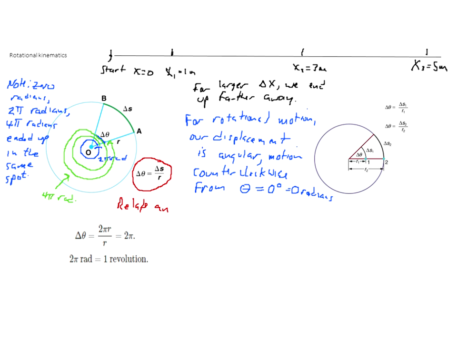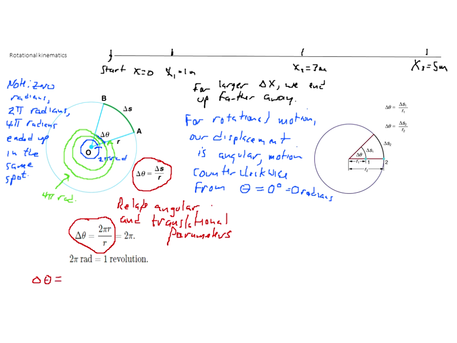So the red circle here is a way to relate angular and translational parameters. If we look at this equation right here, it helps us understand why one trip around a circle is 2 pi radians.